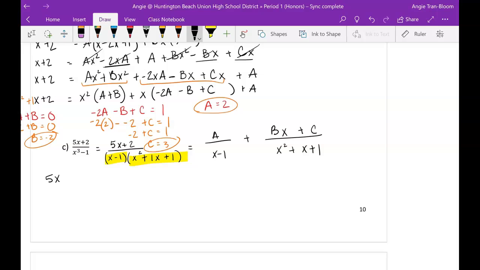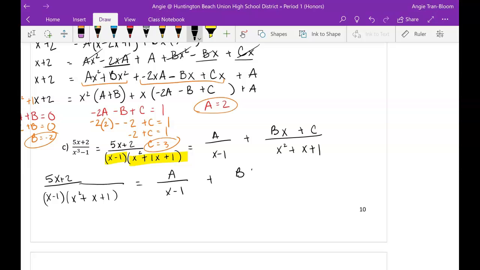So 5x plus 2 over x minus 1 times x squared plus x plus 1. We have to find ABCs, so these will be equal to one another. Okay, so x squared plus x plus 1. So to clear out fractions, we will multiply it by a common denominator.